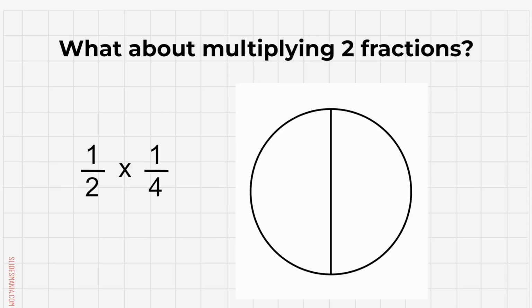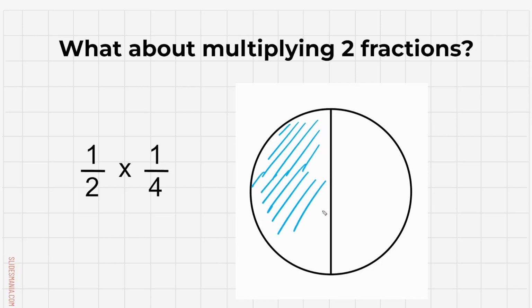So what does that look like when we're multiplying fractions? Well, let's say we have a half of something, like a half of this cookie here. A half of a cookie is this portion of the cookie, right? This portion of the cookie. So what would it mean if we were going to add up a quarter section of this cookie?